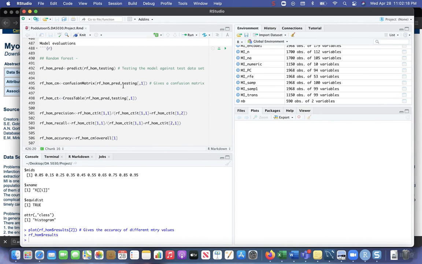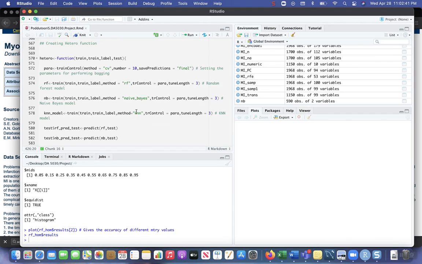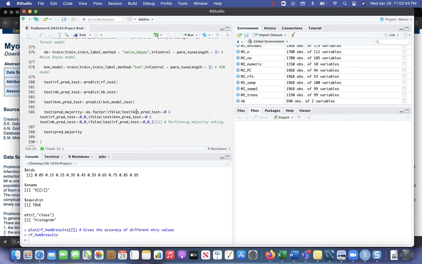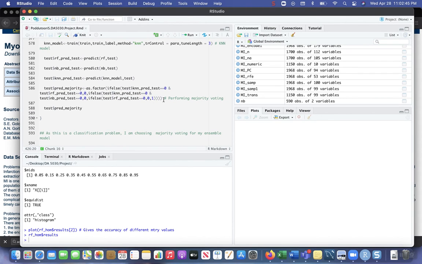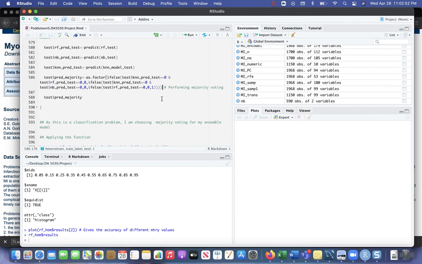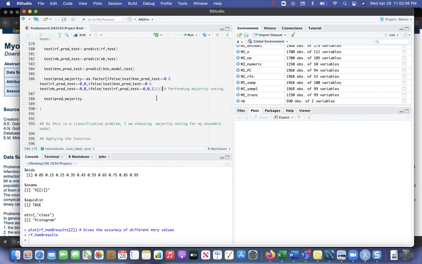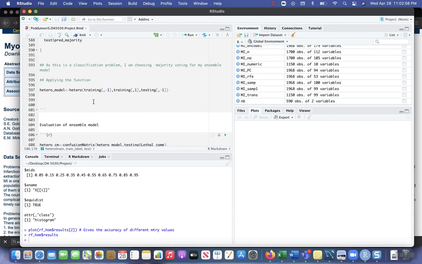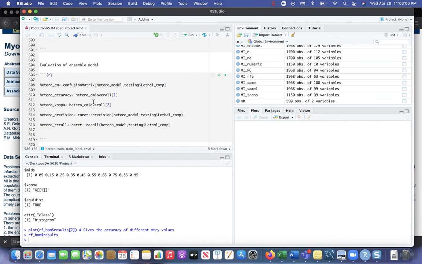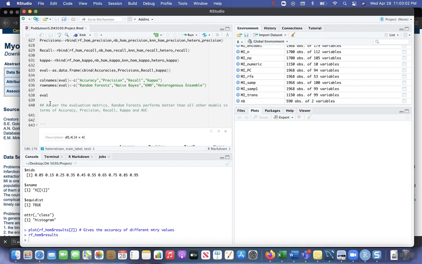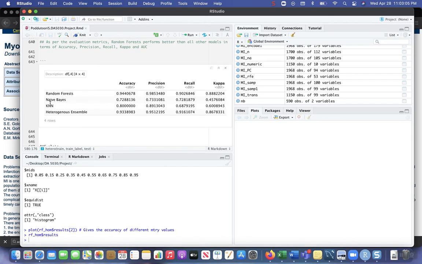Using all these three algorithms, I've made a heterogeneous ensemble model and used majority voting since this is a classification problem. I preferred majority voting, and the heterogeneous model performs poorer than random forest, to be accurate.